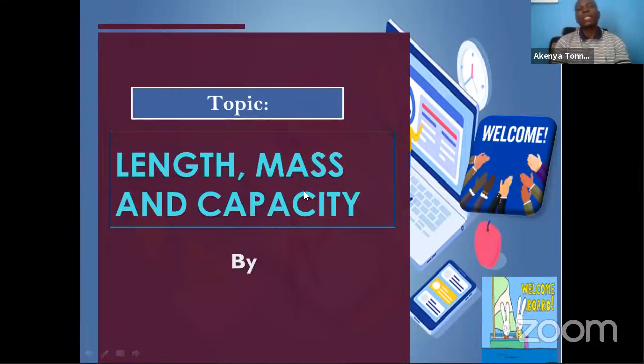So our topic that we are going to begin with is length, mass, and capacity. I understand that you have studied this in your previous class, but let me assure you that in mathematics, the concepts keep on building as you go ahead with your class. So this is our topic.